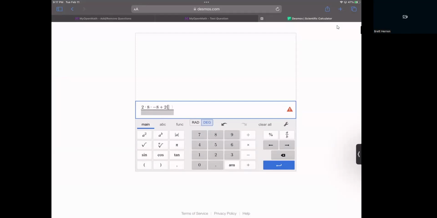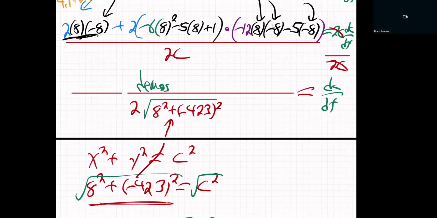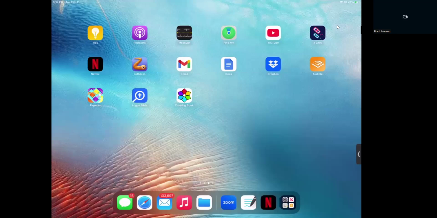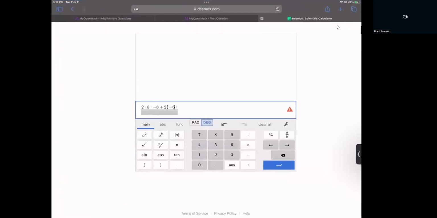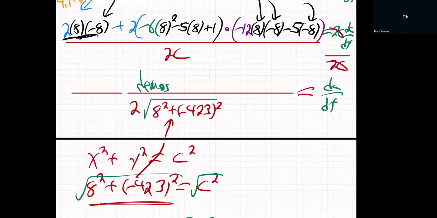Where's the parentheses? I'm losing it here. Plus 2 parentheses, negative 6 times 8 squared.